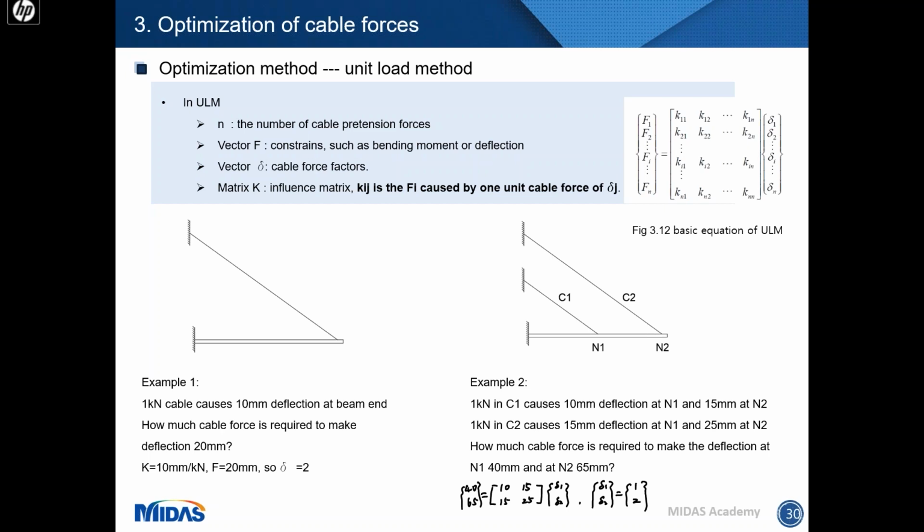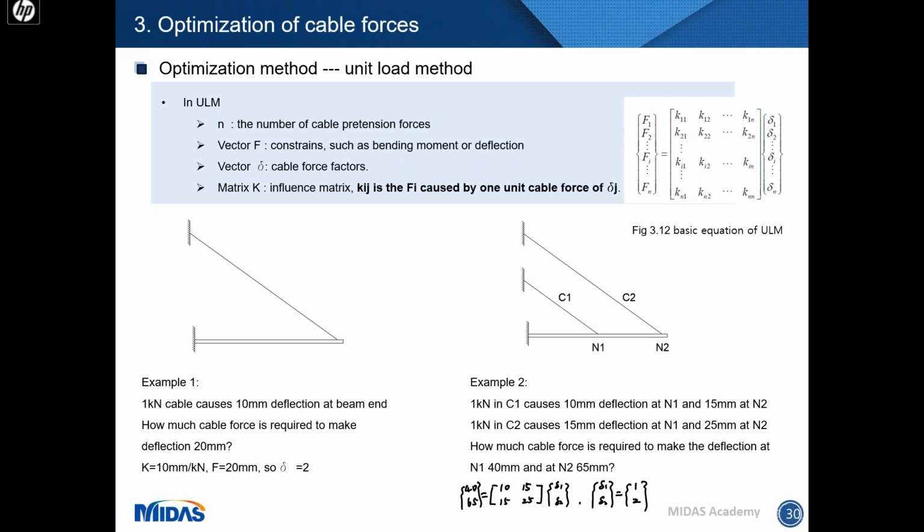Example 1 is a simple cable-stayed structure. If 1 kilonewton cable force causes 10 mm deflection at the beam end, then how much cable force is required to make the deflection 20 mm?